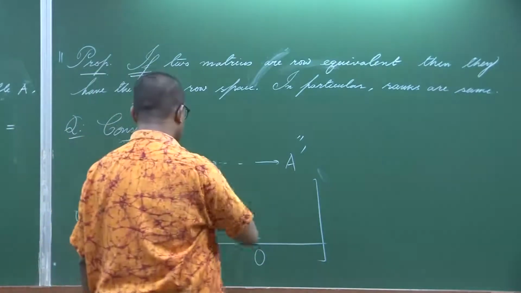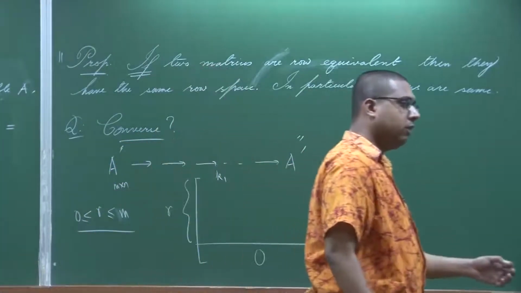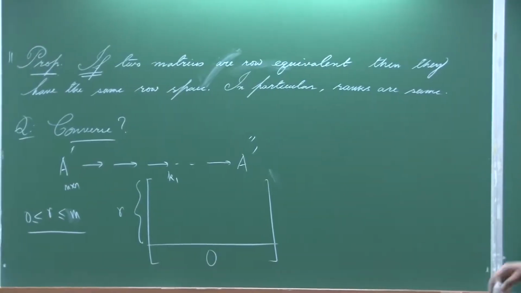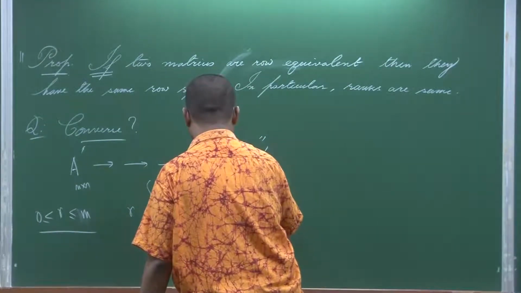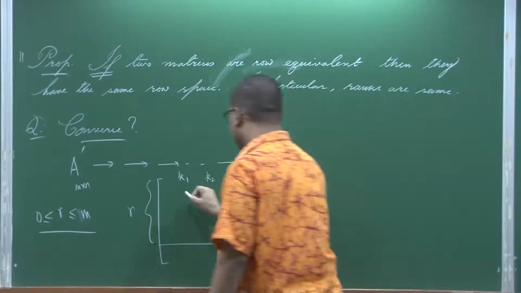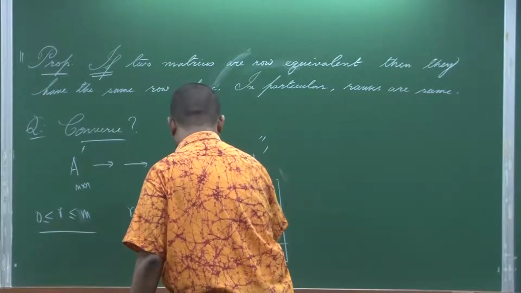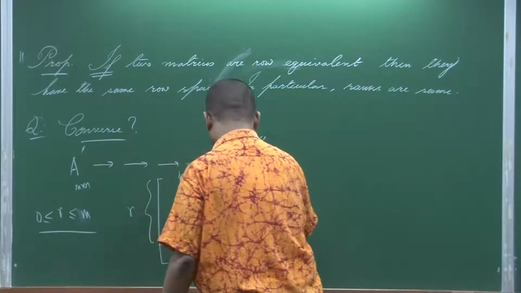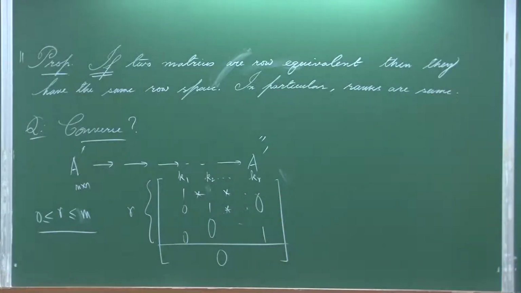What it means is, suppose for the first row, the pivot lies in the k1th column, and for the second row, the pivot lies in the k2th column, and similarly for the rth row, the pivot is contained in the krth column.